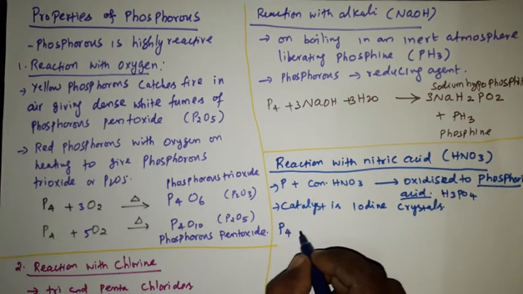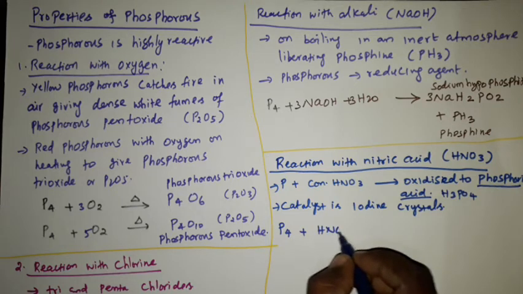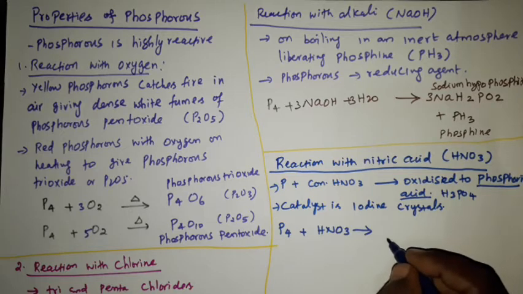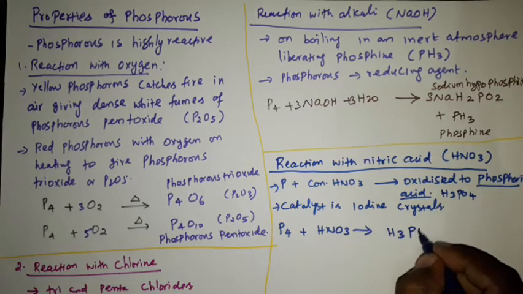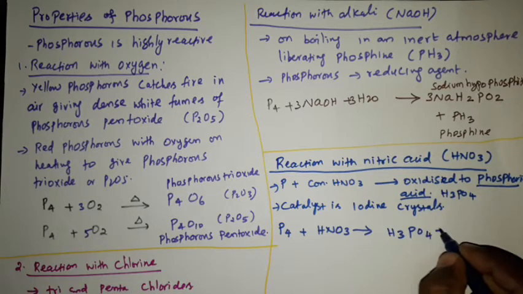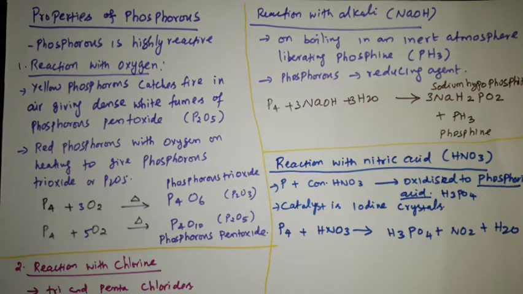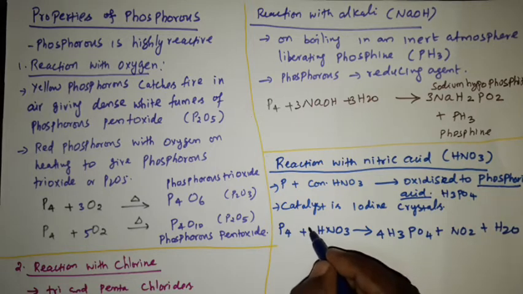Now see the reaction. Phosphorus P4 plus concentrated nitric acid HNO3, we are getting phosphoric acid, H3PO4, plus NO2 plus H2O. These two are the byproducts. Now balance the equation. There are 4 phosphorus, so put 4 here. Then here put 20.